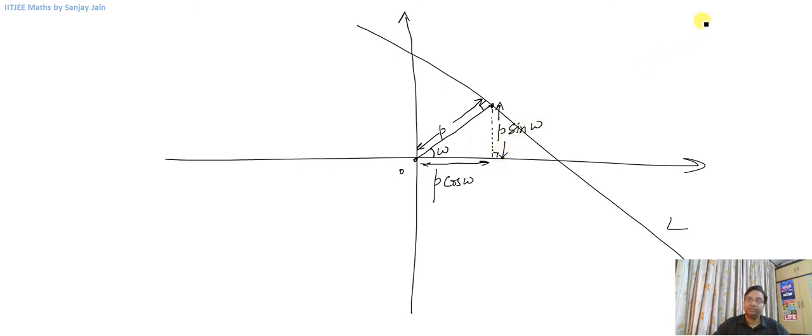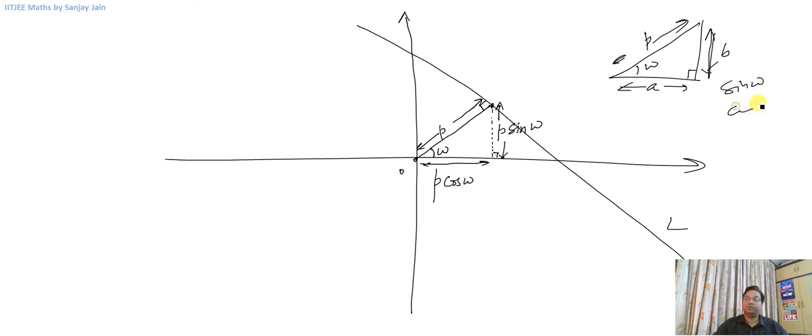Okay, if some of the students don't know about it, they can draw a triangle like this. If this is P and this is 90 degrees, then what will be this length? They can take it as A, or this as B, and then find sine omega and cos omega, and then you will see A is nothing but P cos omega and B is nothing but P sine omega. Alright, so this is P cos omega and this is P sine omega, and this is the coordinate axis that I have taken.